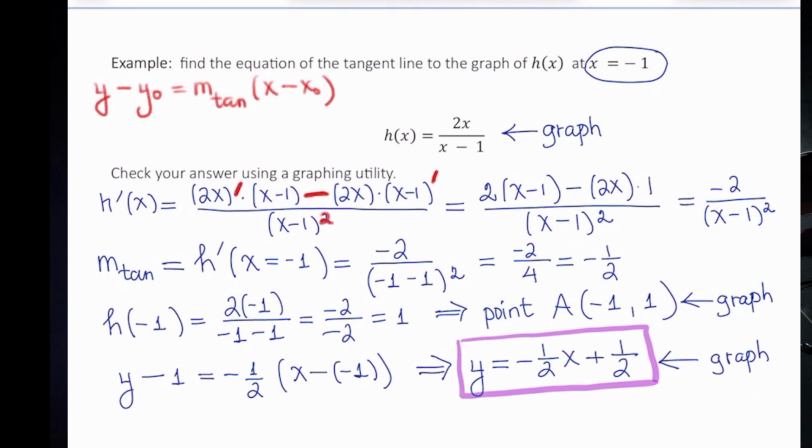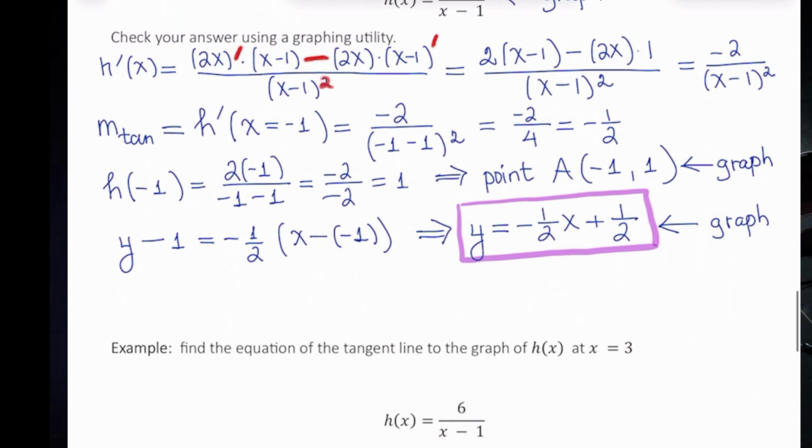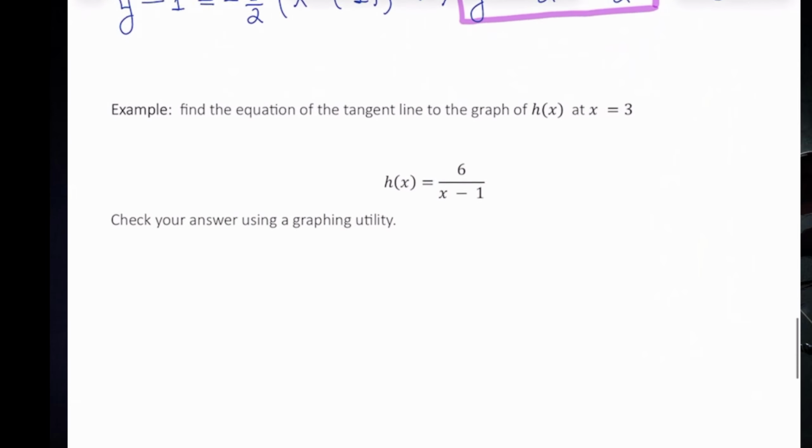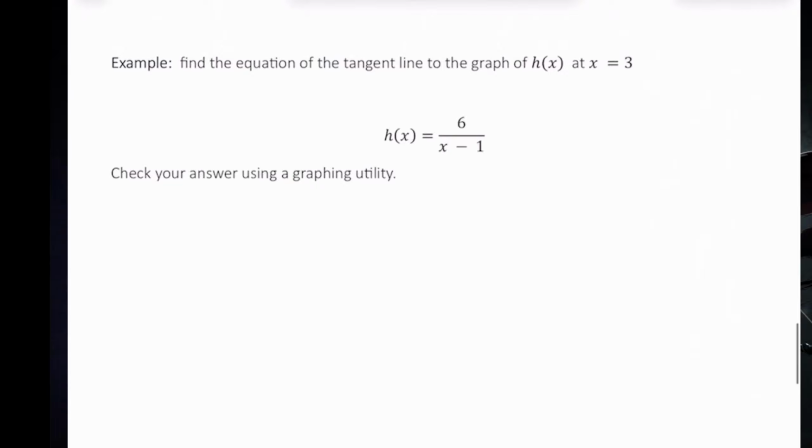We have done this problem with different functions, right? So what I would like to do now is leave you with this example right here. I would like for you to work this out on your own. So pause the video and follow the steps that we just did. Compute the derivative, right? So here are the steps.